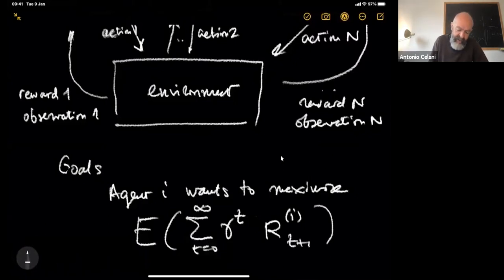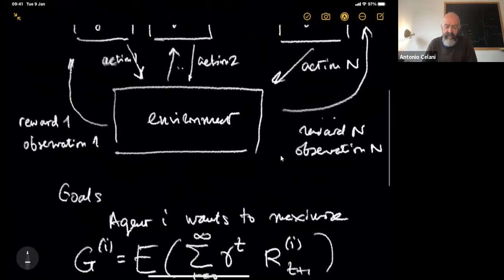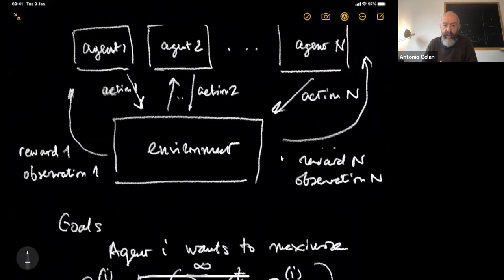Okay, so there is now a set of i going from 1 to N objectives. And this depends in general also on the actions that the other agents are taking.